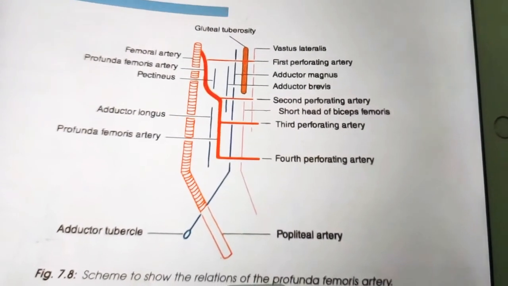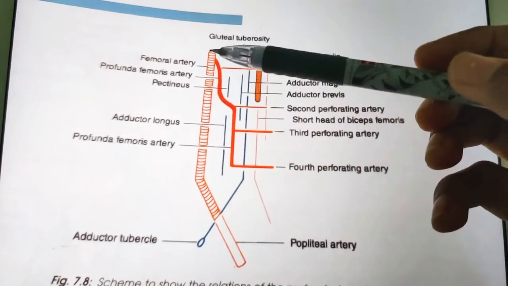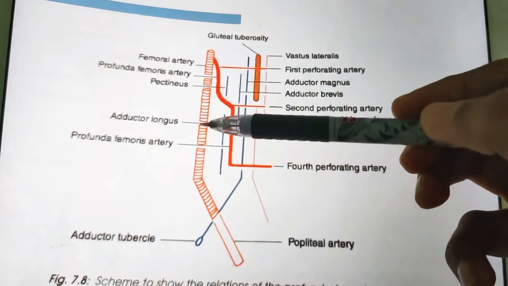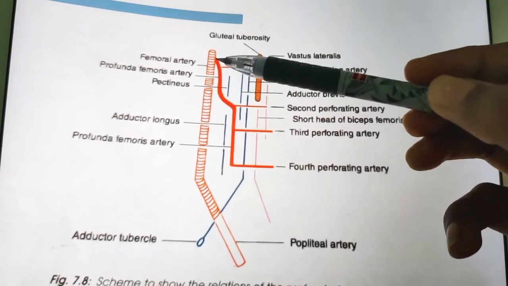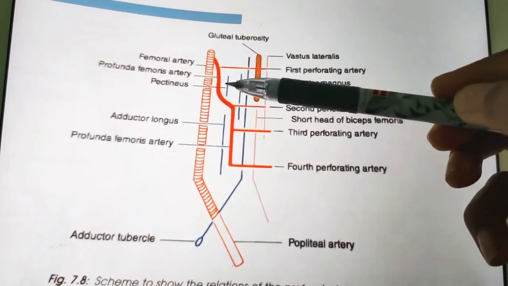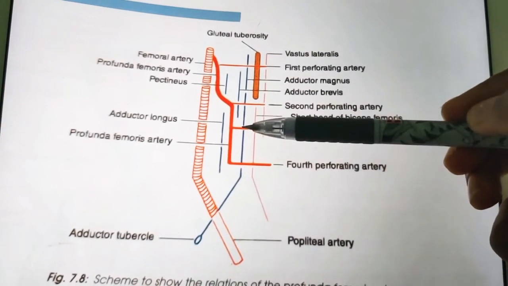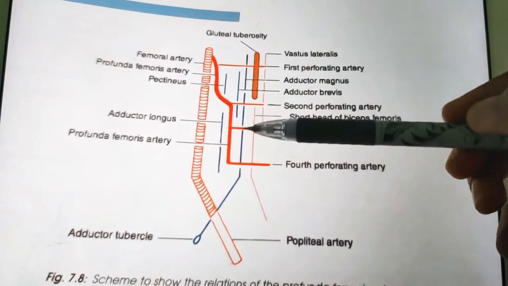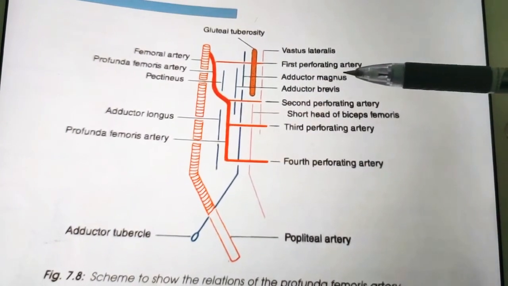Let us try to understand this diagram. In the front you first have the femoral artery, and here you have the profunda femoris artery, which is its branch. Here are different muscles. The first muscle is the pectineus, the second is the adductor brevis, and the third, the biggest line you see here, is the adductor magnus.